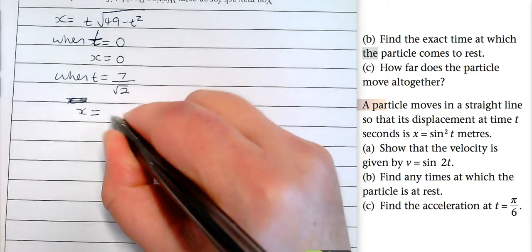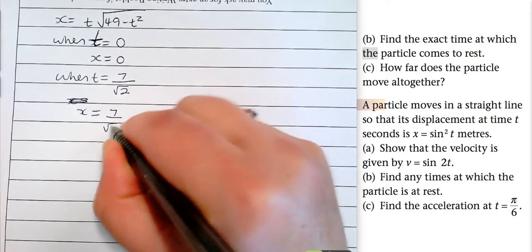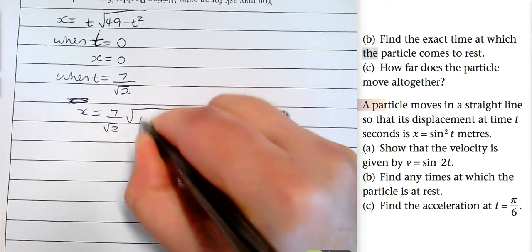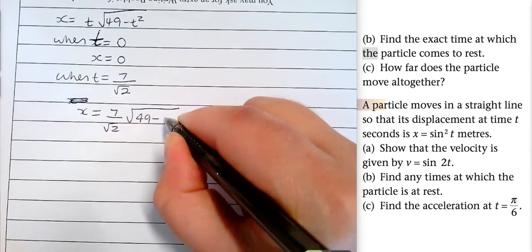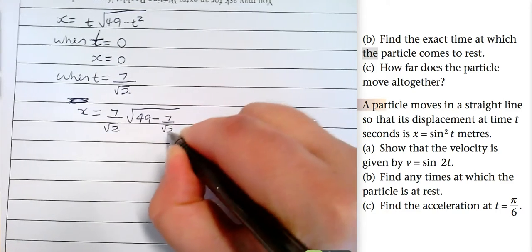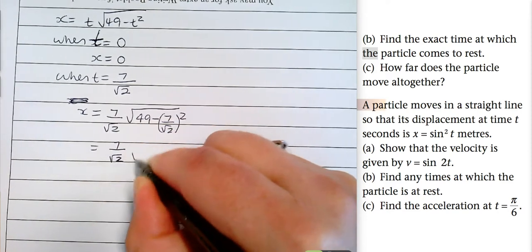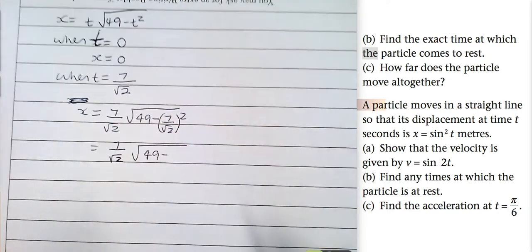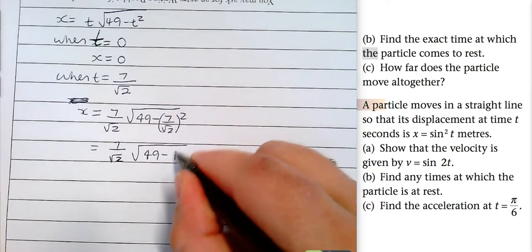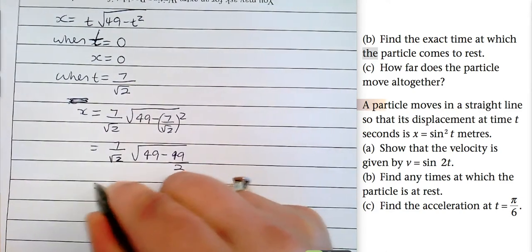So x is 7 on root 2 times the square root of 49 minus 7 on root 2 squared. So it's 7 on root 2 times the square root of 49 minus 49 on 2. Can we go common denominator?